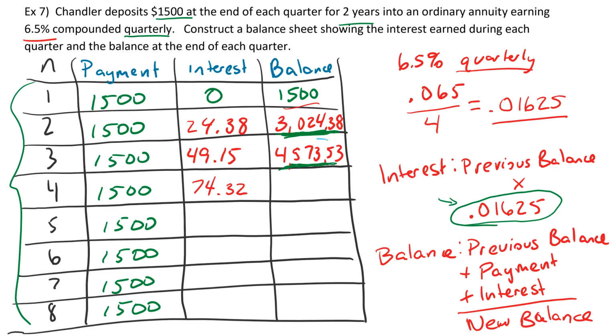And for our new balance, take the 3 right here, add them up, and when you add those 3 up, you should get $6,147.85.